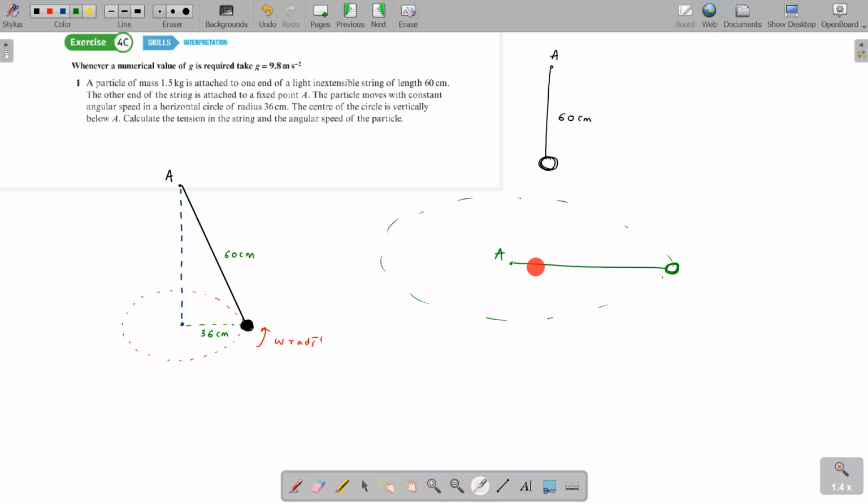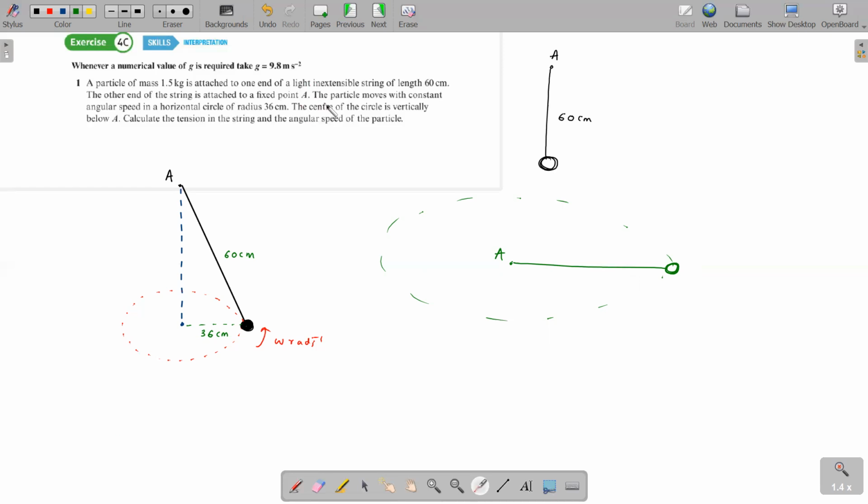Guys, I hope you can make the transition here and understand what's going on, because some of you might be thinking about the fixed point A, since we were dealing a lot with horizontal circular motion in the previous section. Most of the time you might think the fixed point is here and the particle is horizontally directly across, moving in a circular motion like this. But the length of the string is 60, so if the particle goes in a horizontal circle like this, the radius of the circular path is also 60.